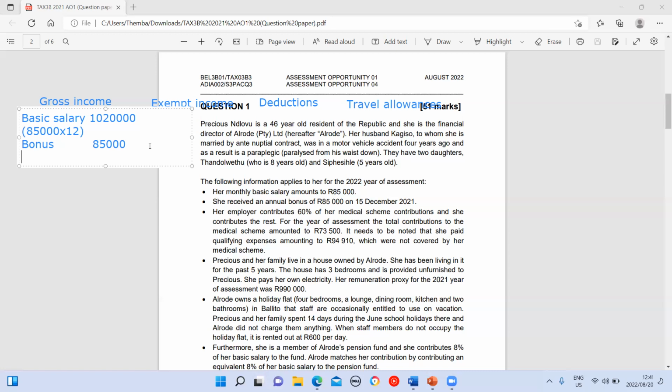So what you'll do here is only include the medical aid contributions, because the employee will pay her own medical aid using the money from the salary.